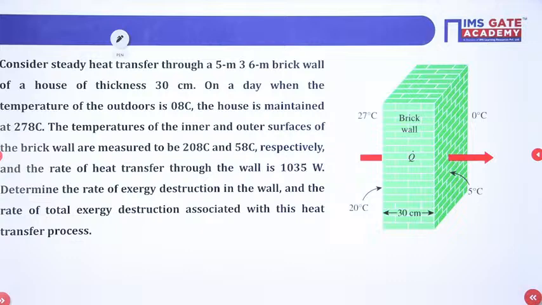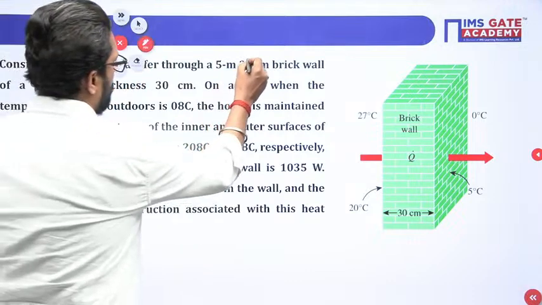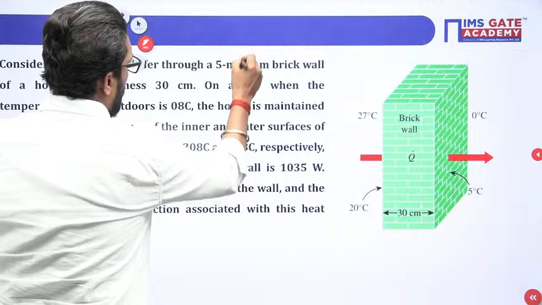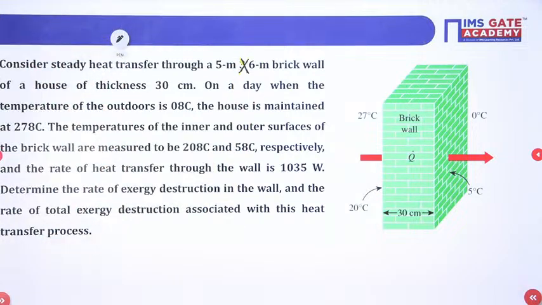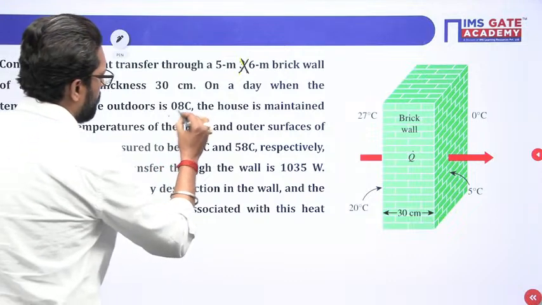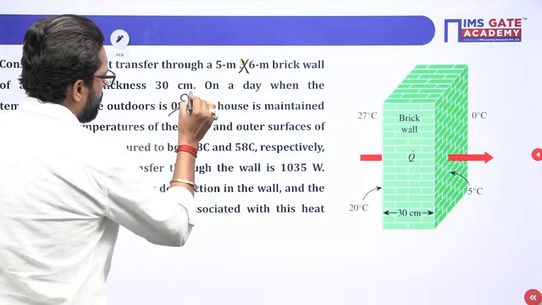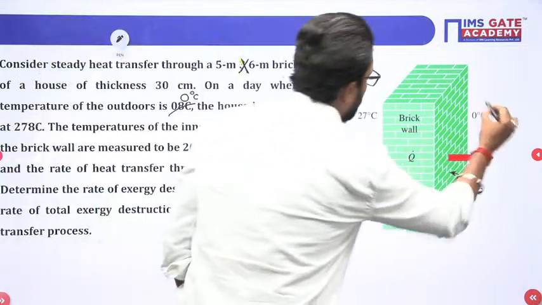Consider steady heat transfer through a 5 m by 6 m brick wall of a house, of thickness 30 centimeters, on a day when the outdoor temperature is 0 degrees centigrade.